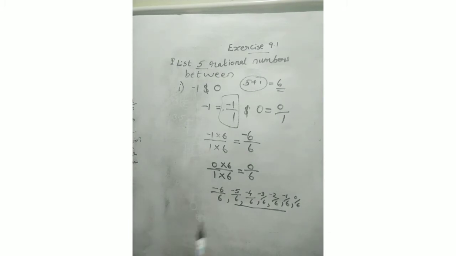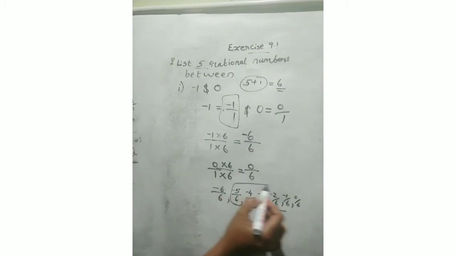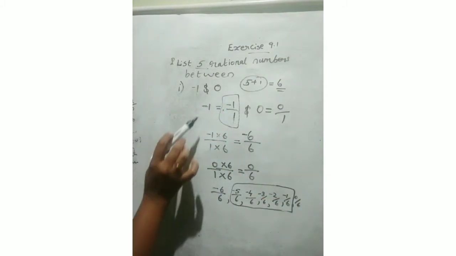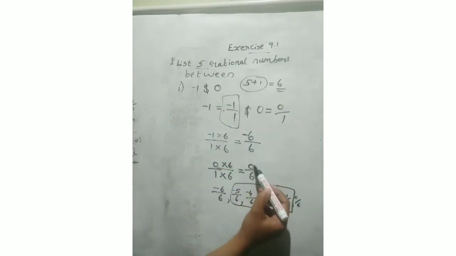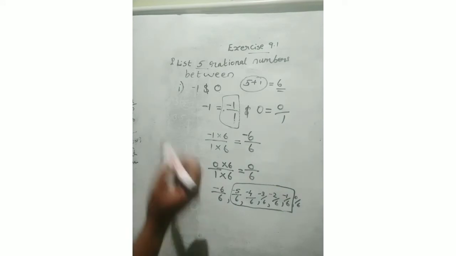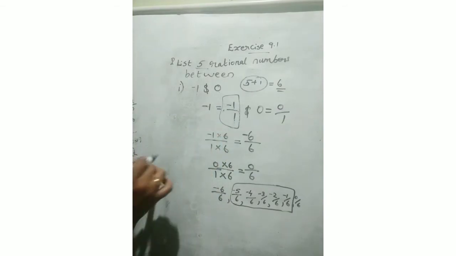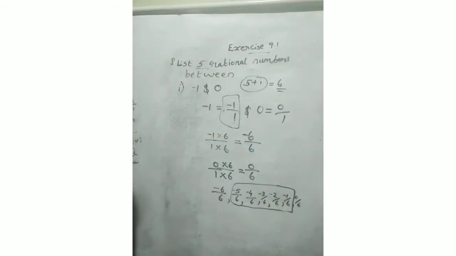So we can say these are the 5 rational numbers between -1 and 0. We know that -1 and 0 are equal to -6 on 6 and 0 on 6 respectively, because we converted -1 equal to -1 on 1 as a rational number and 0 equal to 0 on 1 as a rational number. Okay. There is one more trick.